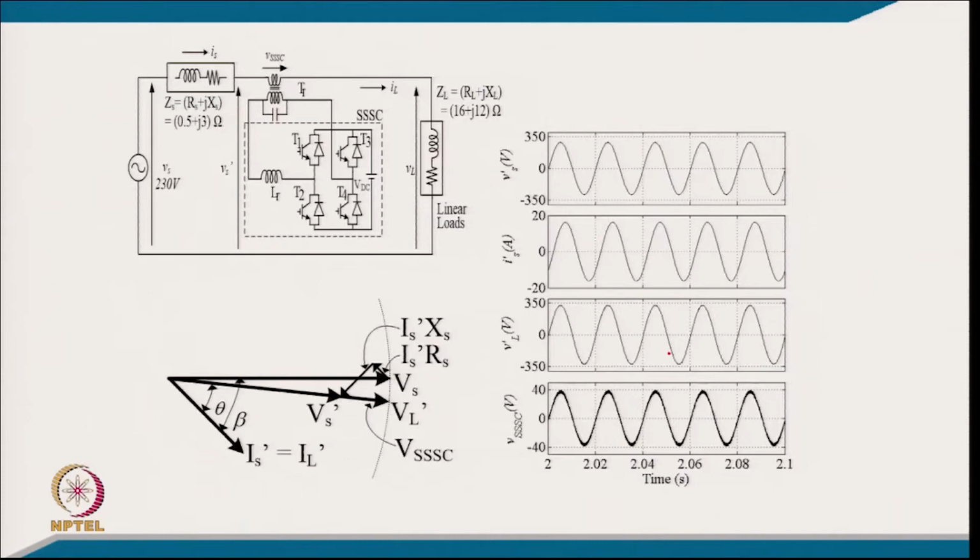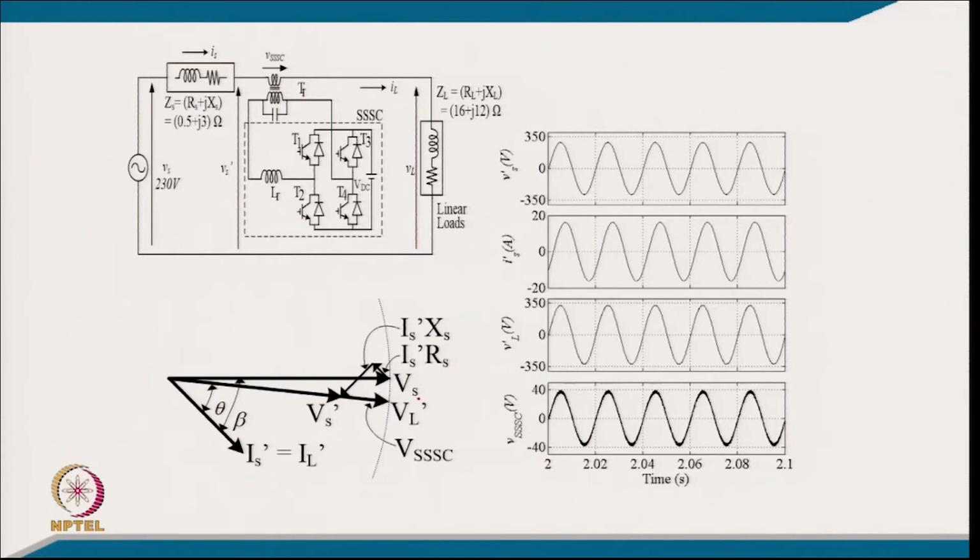So, this is the typical case. We have a load impedance and a source impedance. If the compensator is not put in, certainly the load voltage will reduce because of the lagging power factor and the drop across the source impedance. So, it is a worst voltage regulation, but we are injecting the voltage with the minimum rating, in the sense of minimum voltage injection.